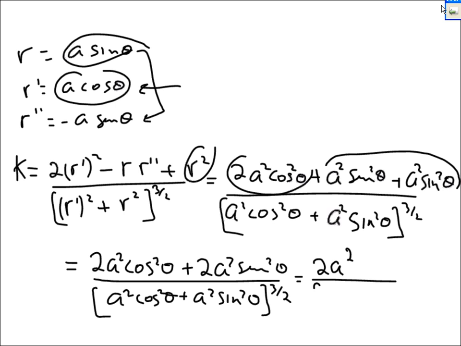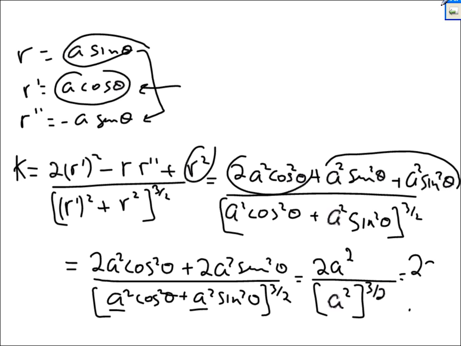Within the big brackets, I can factor out a squared. And then I'll get cosine squared plus sine squared, which is 1. A squared times 1 is a squared. And I can raise it to the 3/2 power.